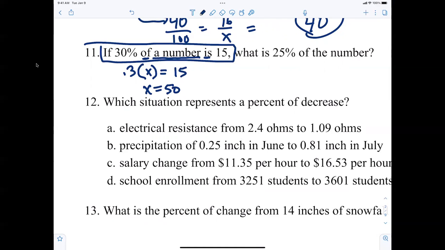Right? So now I need to find what is 25% of 50. So how do I do that? Where'd you get 50?